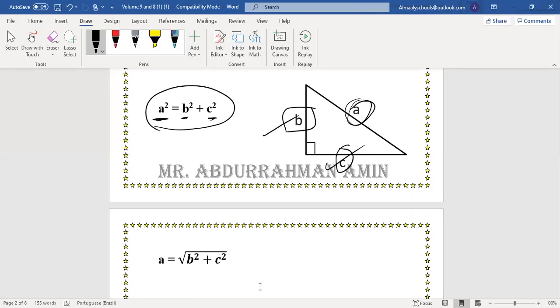For example, if the length of B is 6 centimeters and C is 8 centimeters, who can find the length of A?